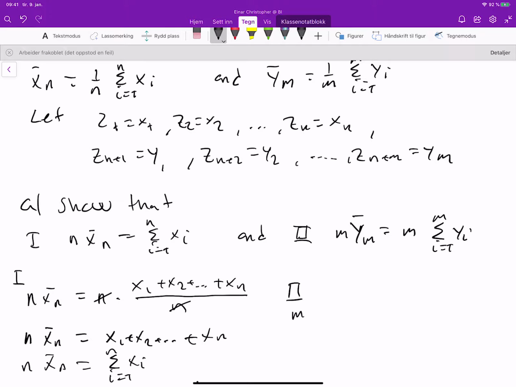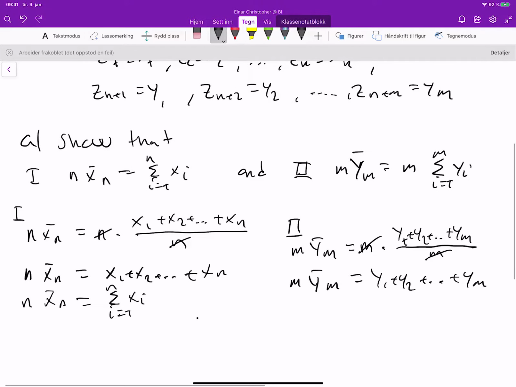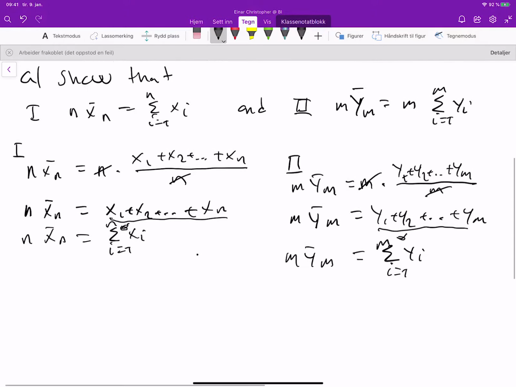Here we have m y bar m, and then instead of y bar m, we can write it out: we have to add all the y's, and we get y1 plus y2 plus plus ym divided by m, and then m and m cancel out, and we have m y bar m equal y1 plus y2 plus ym, and we see that this is nothing else but a sum from i equal 1 to m yi. And here is the sum.